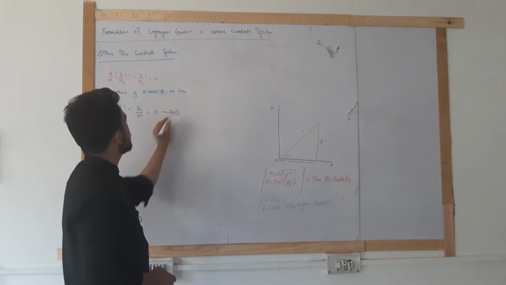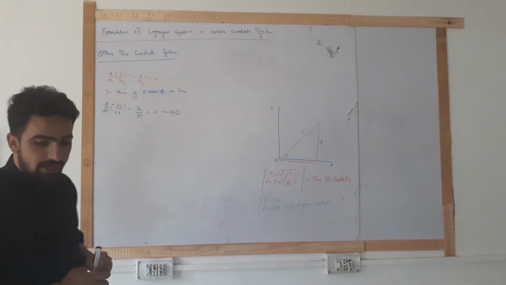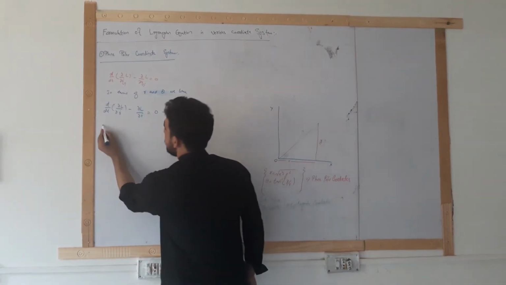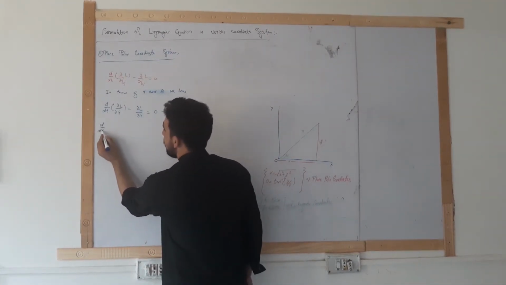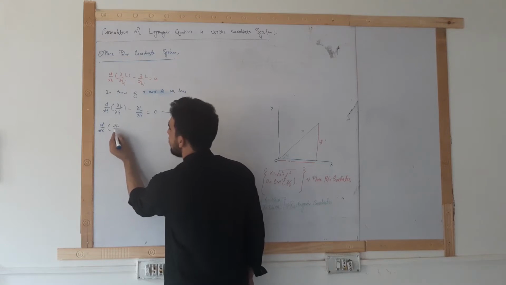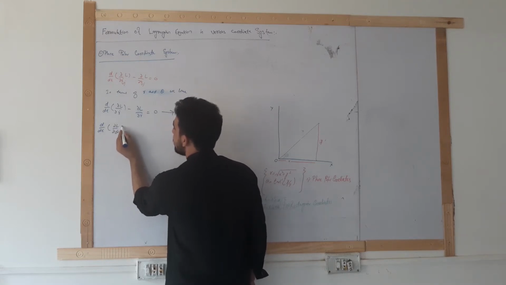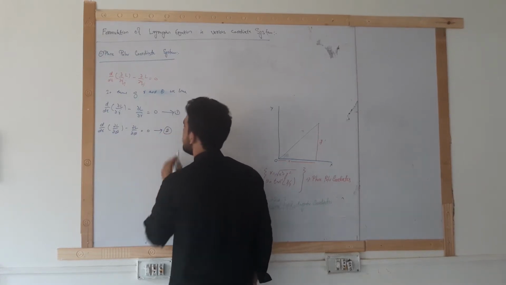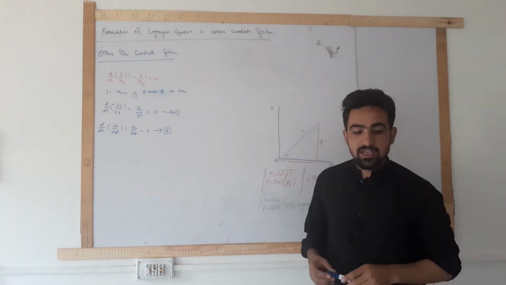Let us call this equation number 1, and we can write it in terms of theta as d by dt of partial L by partial theta dot minus partial L by partial theta is equal to 0, and let us call this equation number 2.